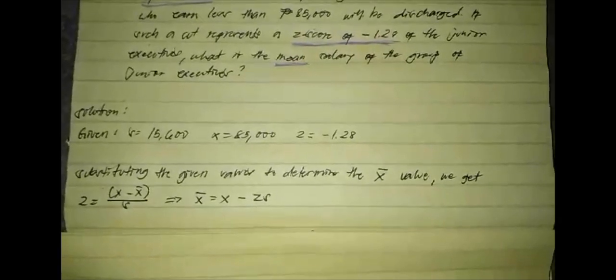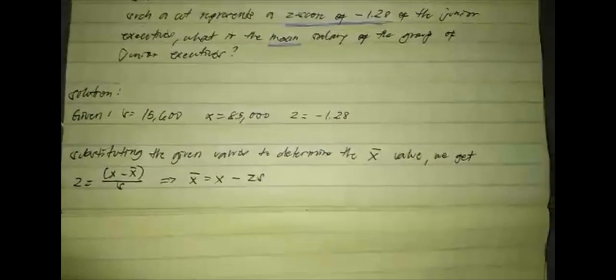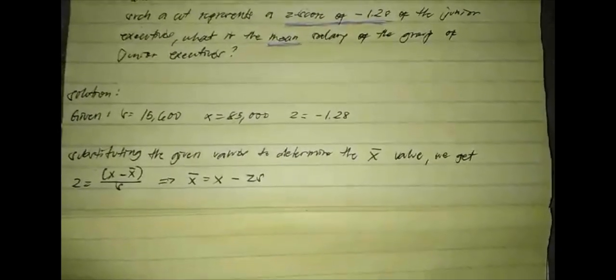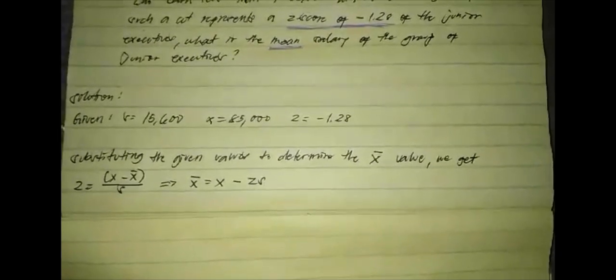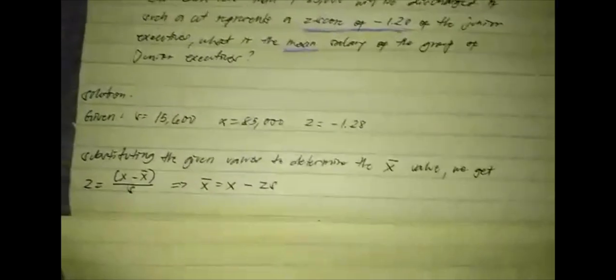Substituting the given values to determine the mean value, we use the formula x minus the mean over the standard deviation.